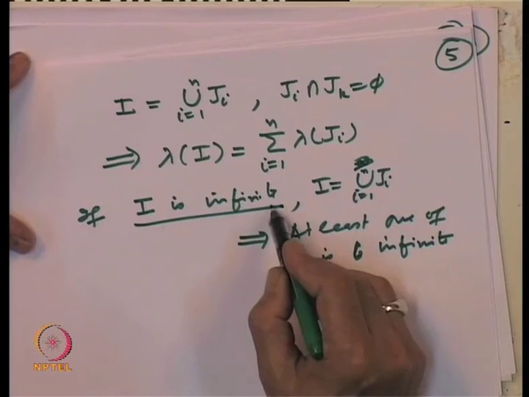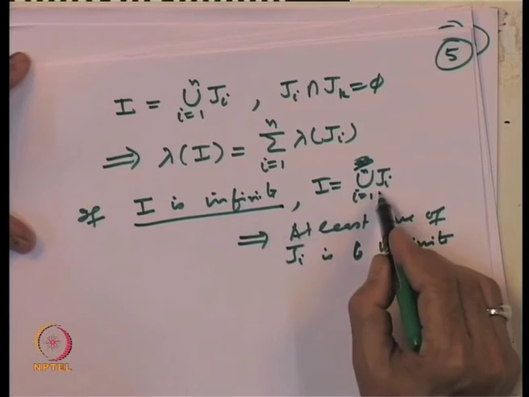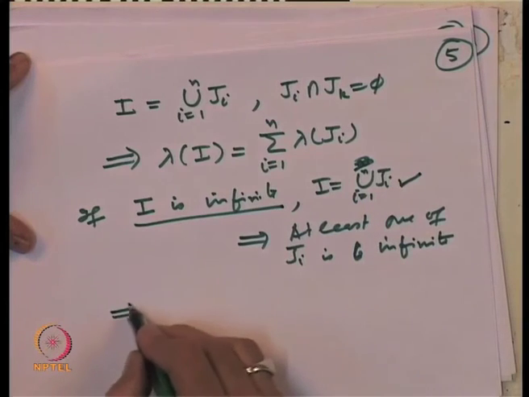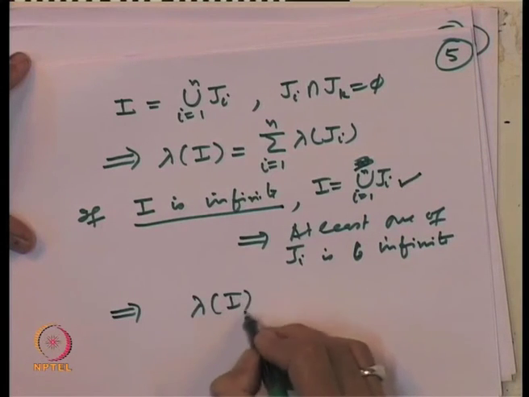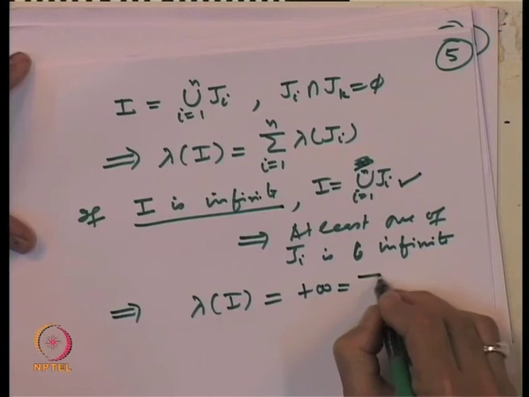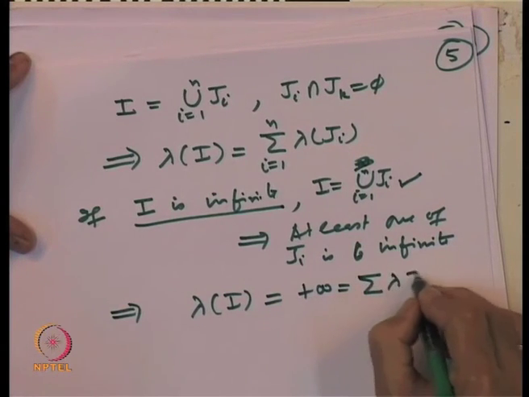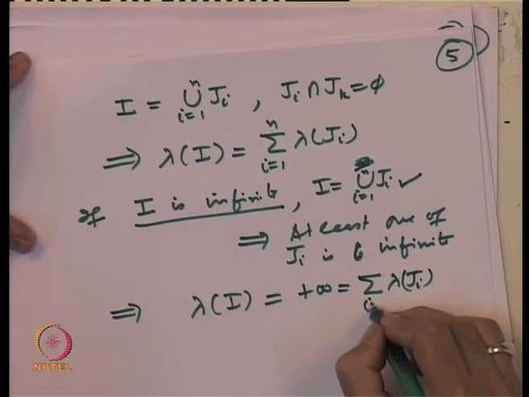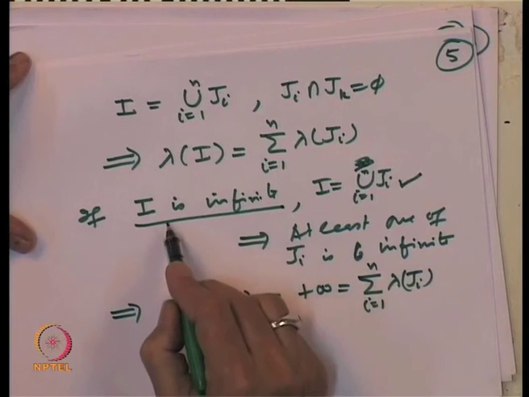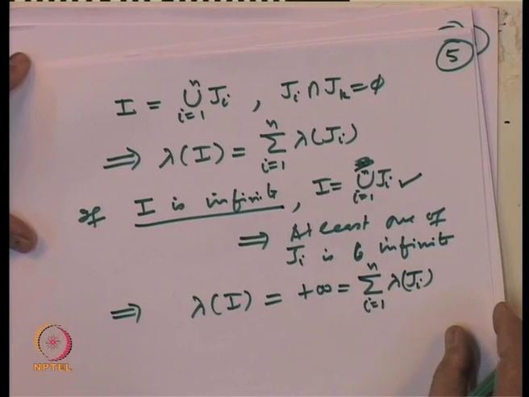So, I infinite implies at least one of these j_i's has to be infinite. So, that implies lambda of I is equal to plus infinity, which is equal to the summation of lambda of j_i's, because one of them is plus infinity. So, the case when I is infinite is okay.